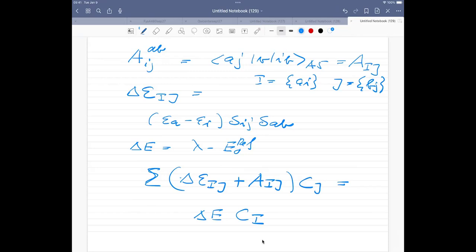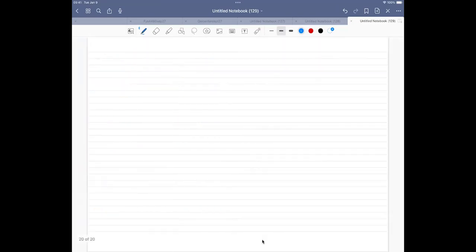Now, what you see here is an eigenvalue problem, which I can now redefine as a new matrix, which I could call Hij. And then what you see is that this is the same as the sum over j of Hij multiplied with the coefficient Cj, which is now equal to delta E of Ci.